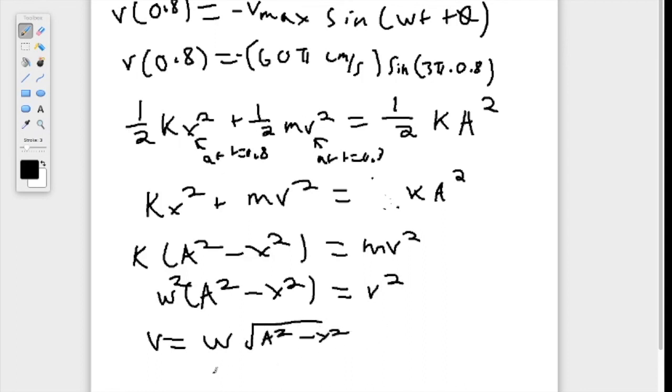So either way, you should get a velocity of about 179.27 centimeters per second.